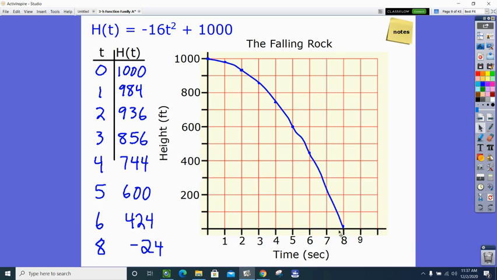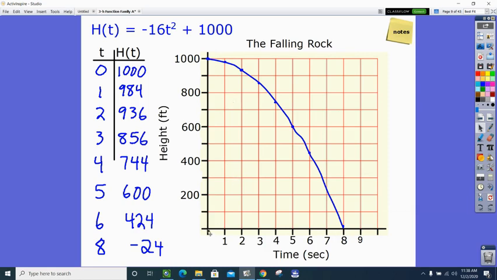Again, we will be able to do that kind of math in Unit 8, but right now we know it's just shy of the 8 seconds. All right, so there is our graph. It is half of a parabola. The other part of the U is hanging out in negative land, which in this case doesn't make sense.